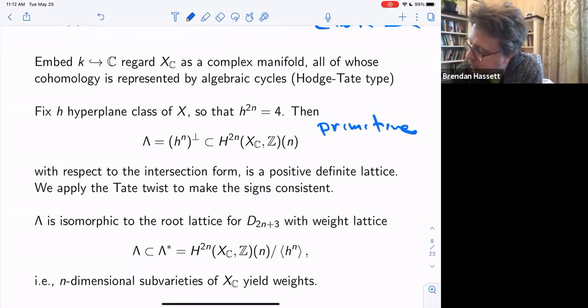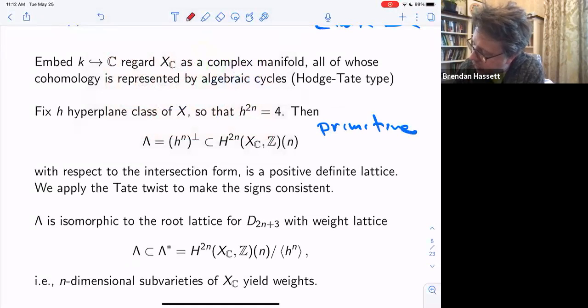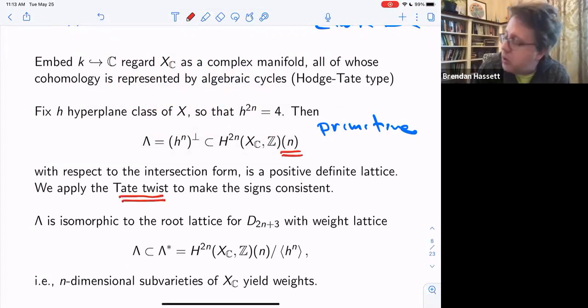I'm going to do something slightly wonky here. I'm going to change the signs by applying a Tate twist. Basically, I'm doing this because I want these to have a uniform sign, and if I'm lucky, the sign is positive definite.